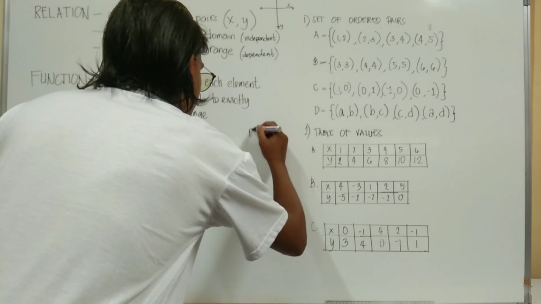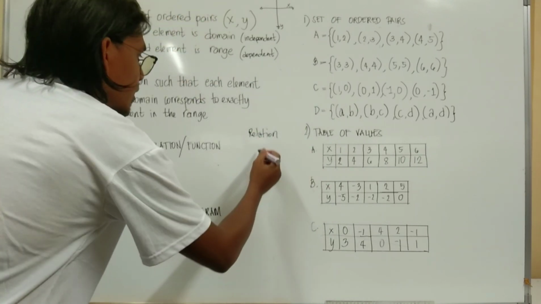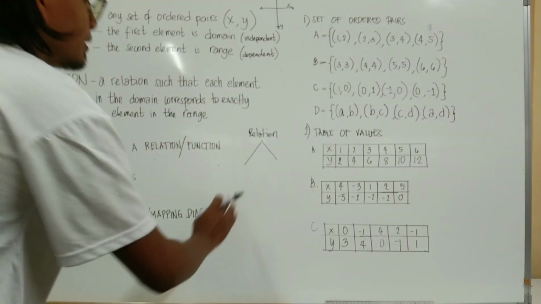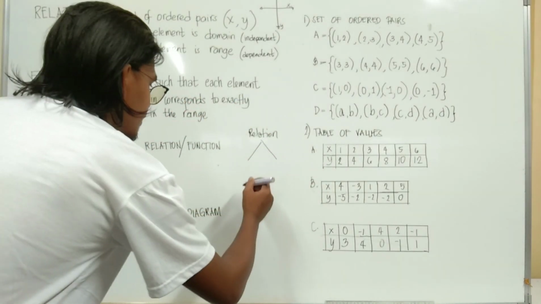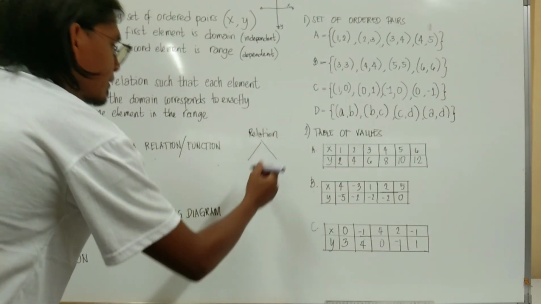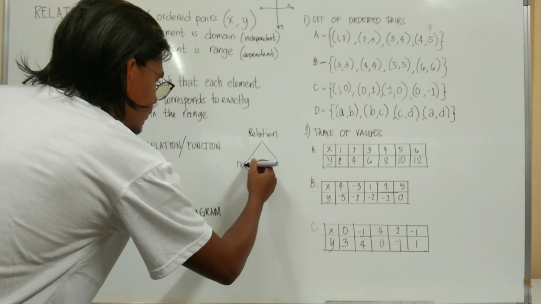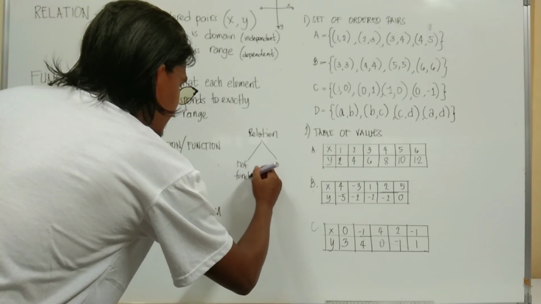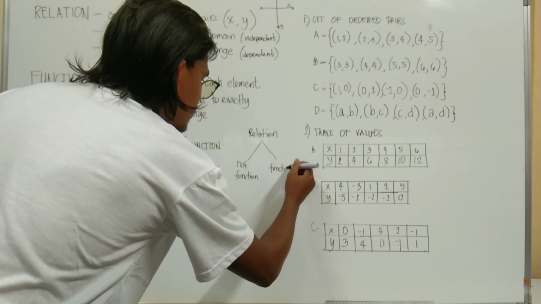Guys, we have to see to it. Our relation can be made into a diagram, where we have not functions and function.